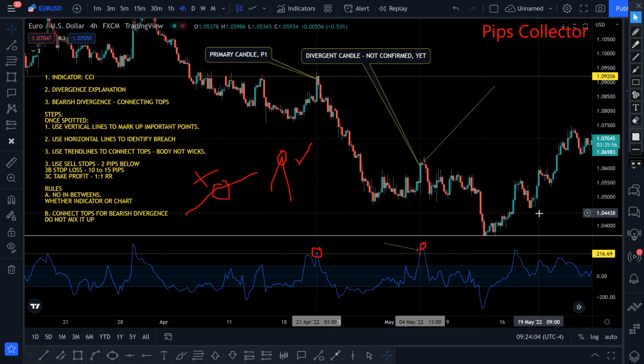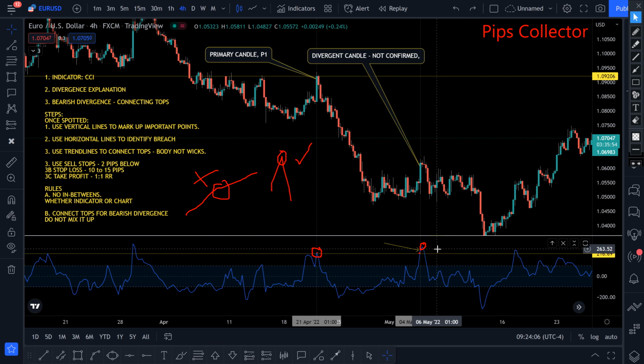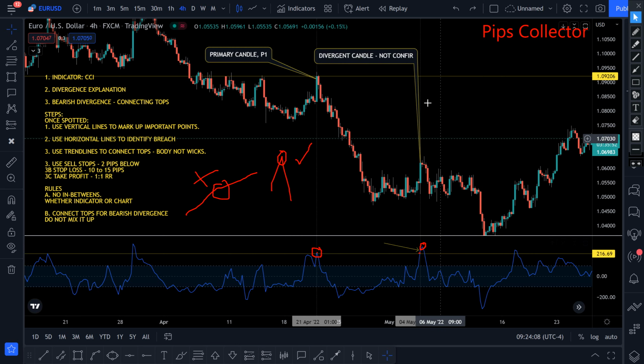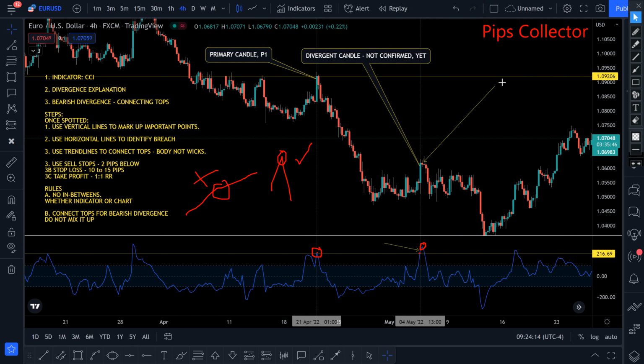Another peak. Not confirmed yet. Now this bearish candle opened and closed and price did what? Still went up. So that means we have not gotten a peak yet.